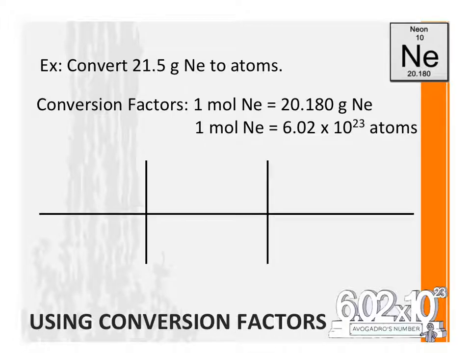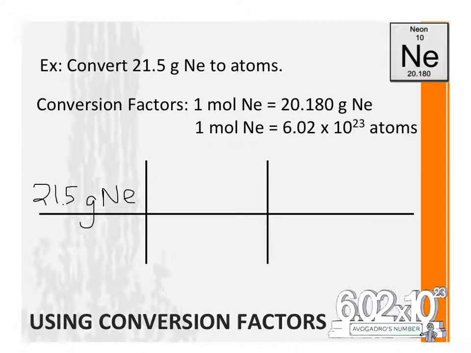That being said, our conversion, whether it be grams to atoms or atoms to grams, will always be one step or two steps, the first step being converting to moles. So I'm going to write my given information, 21.5 grams of neon, in the top left. Then I'm going to use my conversion factors to cancel out units.